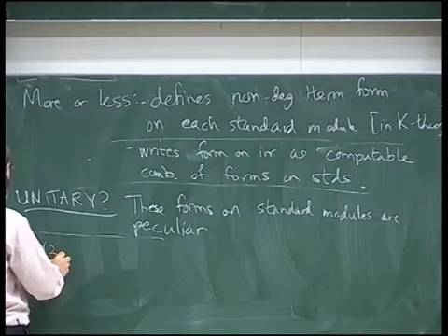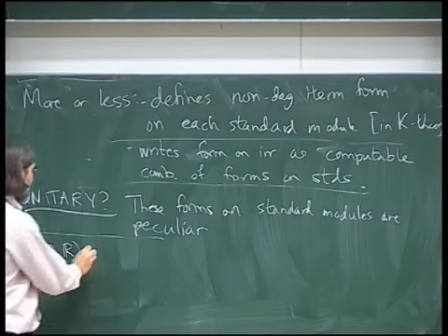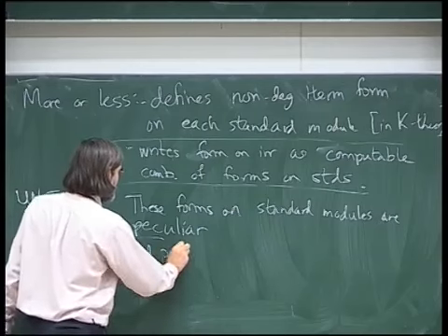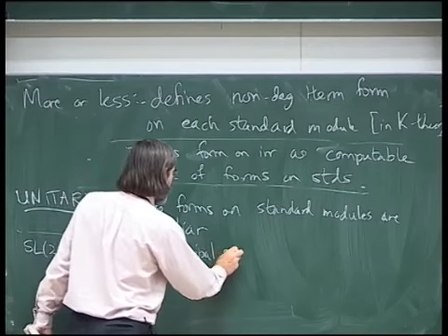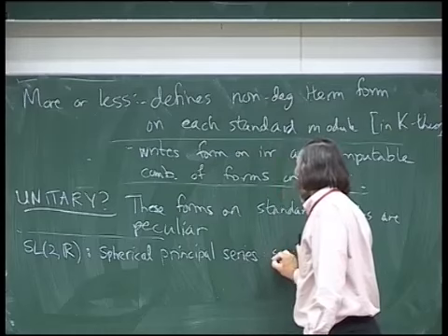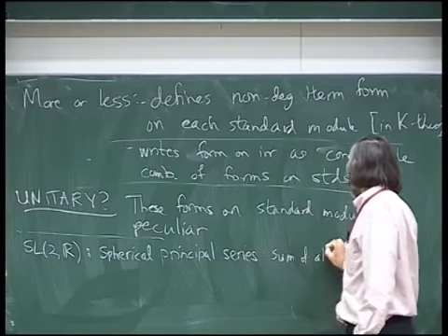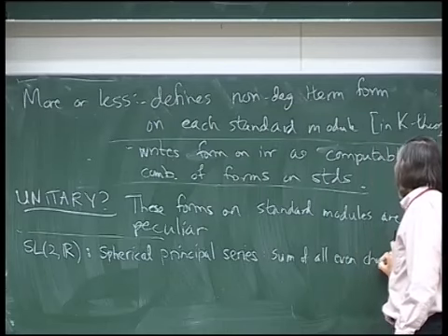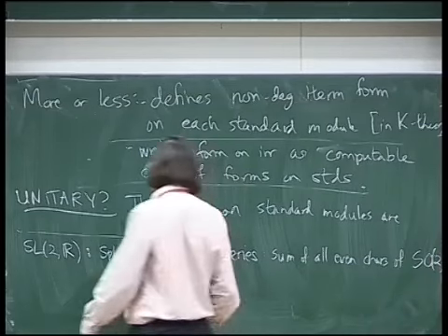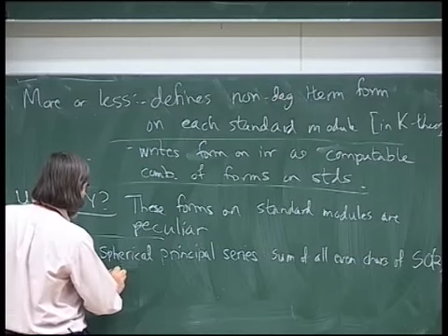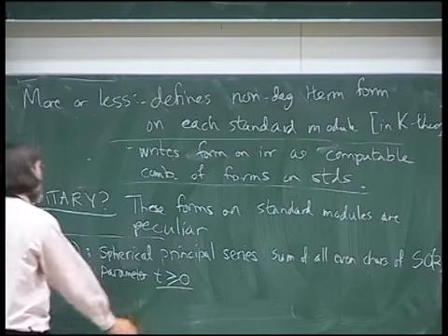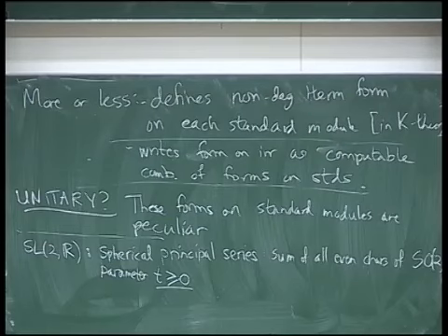In the case of SL2R, what's called the spherical principal series representation. This is the sum of all the even characters of SO2. And there's some parameter T bigger than or equal to 0.